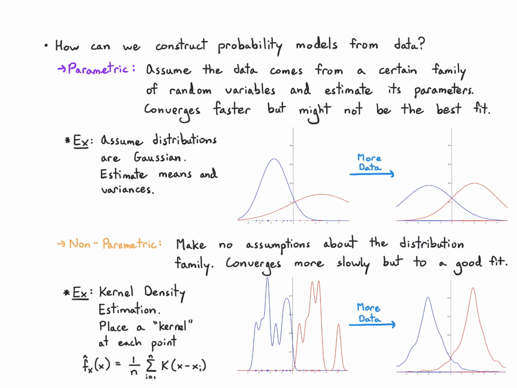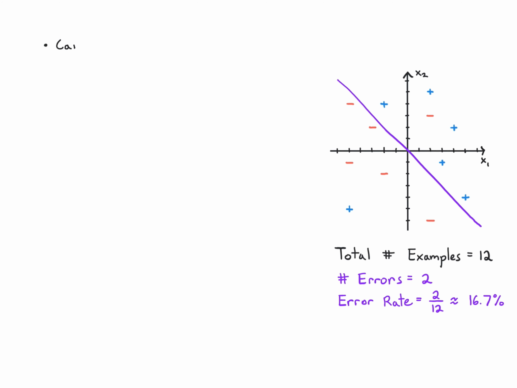Before I was seeing the same data above and below, and you can see that this non-parametric approach got the correct shape, which looks a little bit more peaky than a Gaussian. But the interesting thing is both of them landed on the same decision rule, which is decide blue when it's negative and decide red when it's positive. And this is actually something which has some deeper meaning that you might explore in a later course.